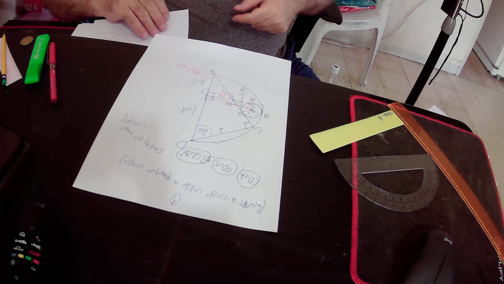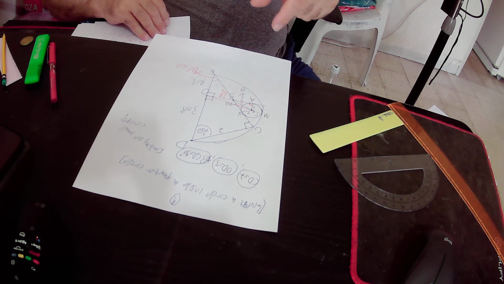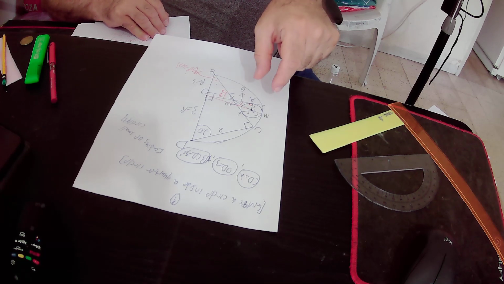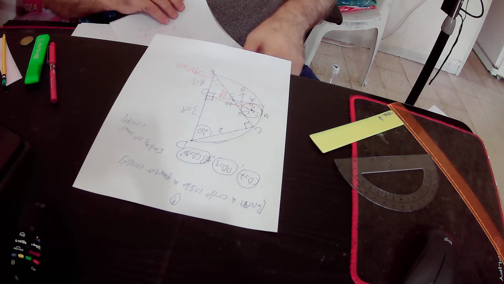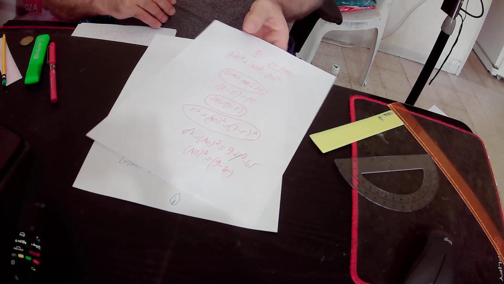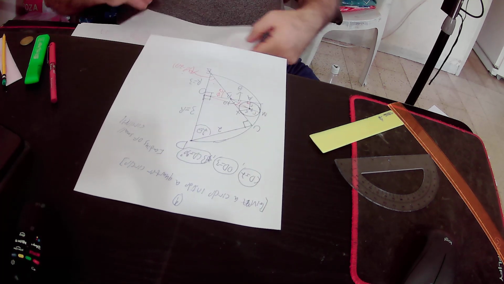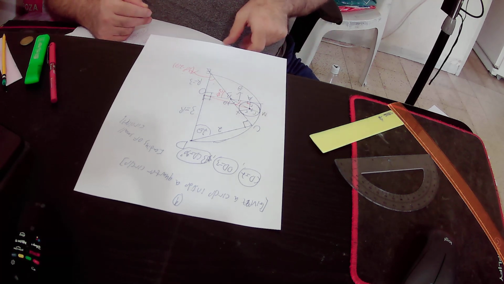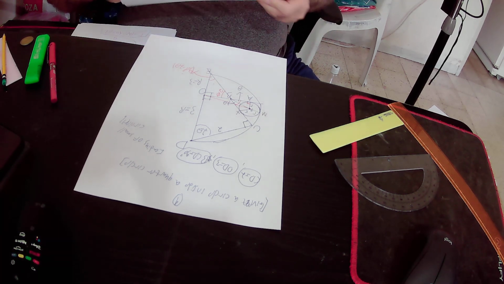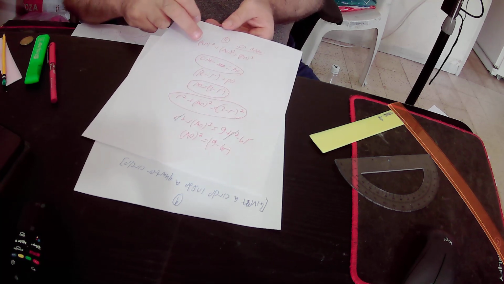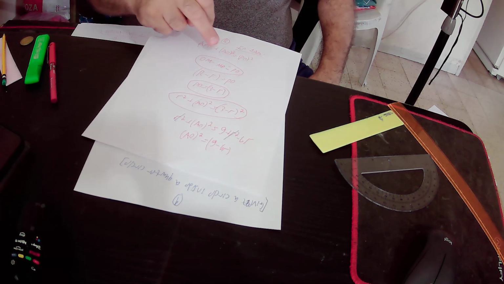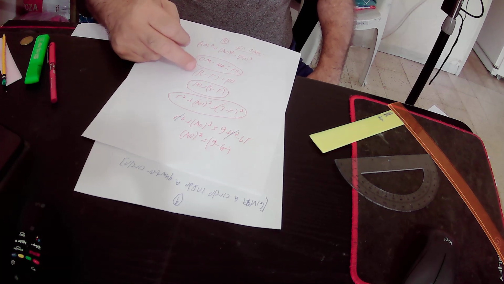So we know that PO equals OM minus MP, and OM equals capital R and MP equals small r.